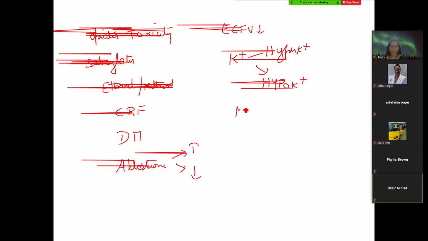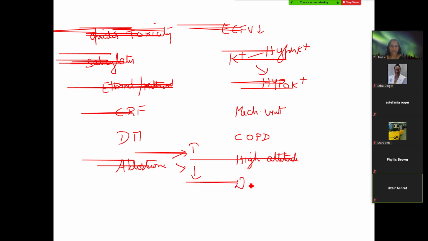Next, mechanical ventilation, COPD or any other respiratory disease, high altitude, diarrhea. Next is vomiting. Sorry, that line, I don't know why it appears; after some time it goes away, so just bear with me.